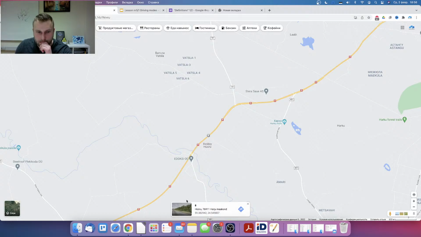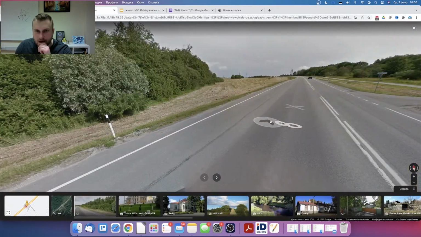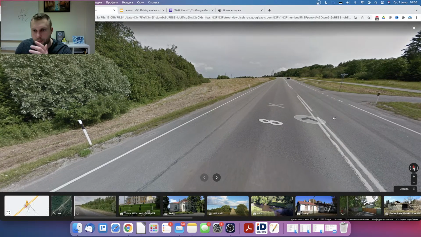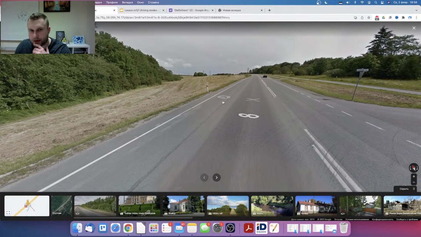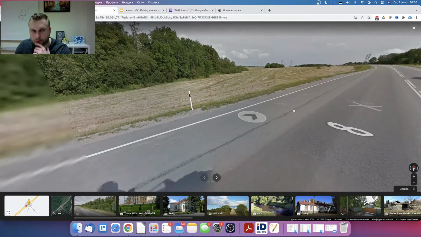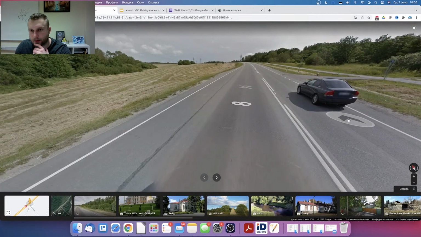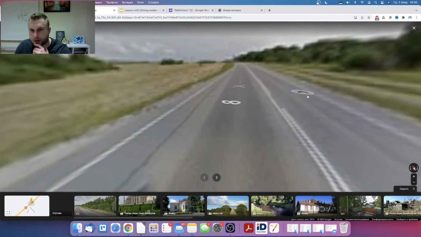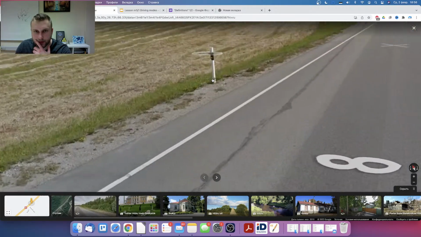Maybe here. Yeah. So you can see everywhere on the highways, you will have this post on the left side and on the right side, like this one and this one on the right side. I will try to get a closer look. Yeah, that's the perfect place actually.